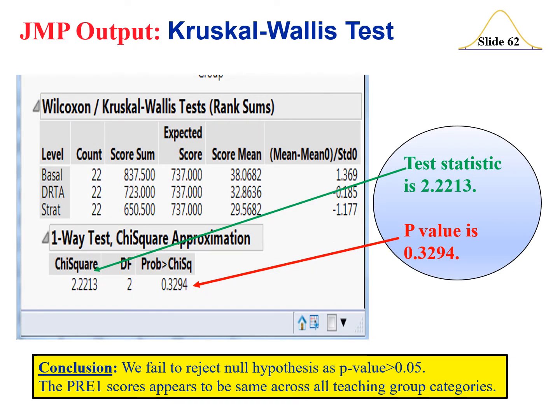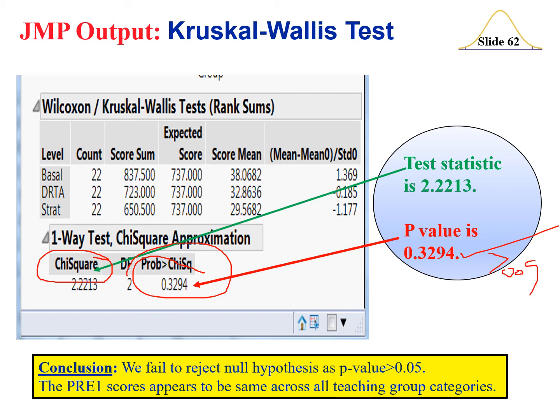Okay, again, chi-square is the test statistic of the Kruskal-Wallis test. This test statistic is 2.221, and the most important value is the p-value, the probability, which is 0.3294. So the p-value is 0.3294, and this p-value is greater than 0.05.